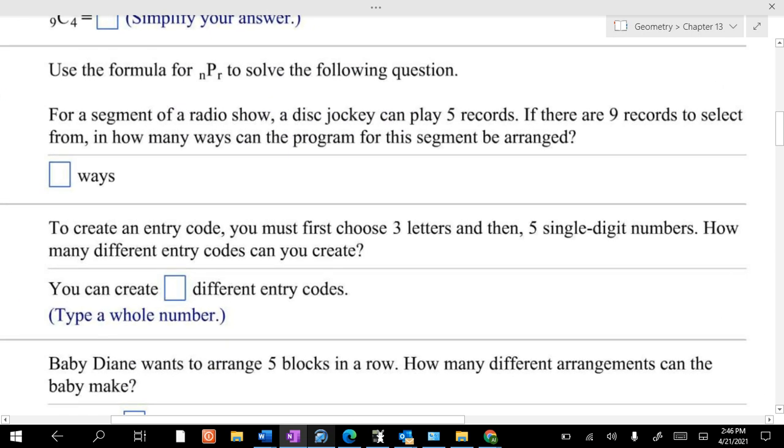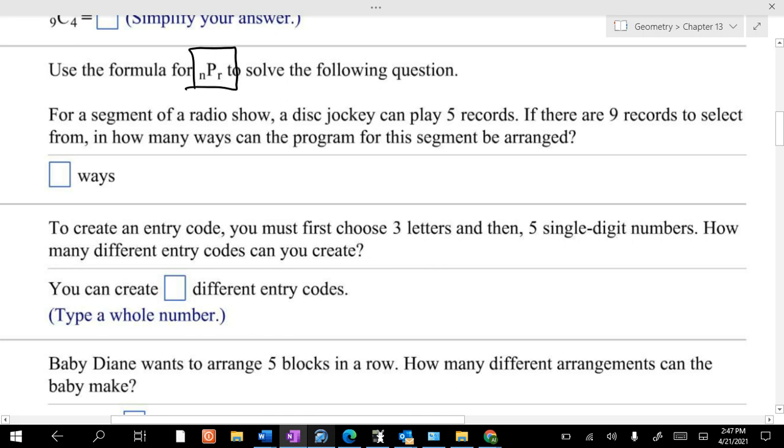For a segment of a show, a disc jockey plays 5 records. There are 9 records to select from. And how many different ways can the program for this segment be arranged? Now, order is important for playing records on the radio. Okay? Because if you play one first, that's different than playing that same one third. So they want you to use a permutation for this.